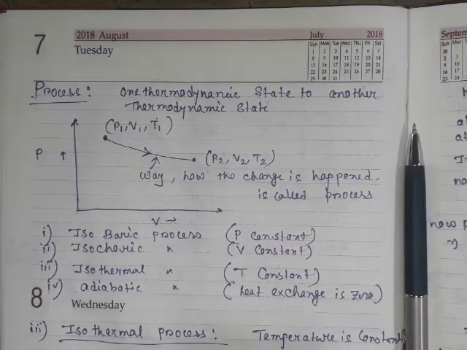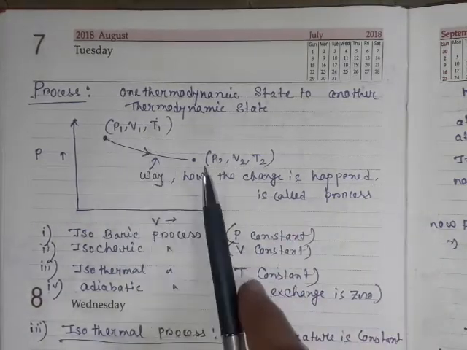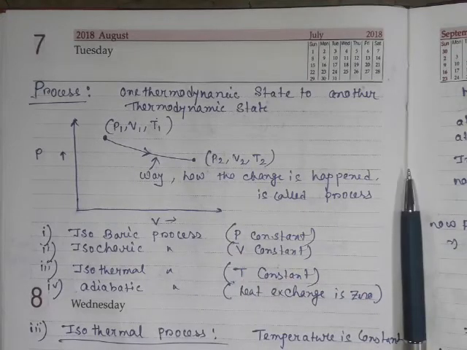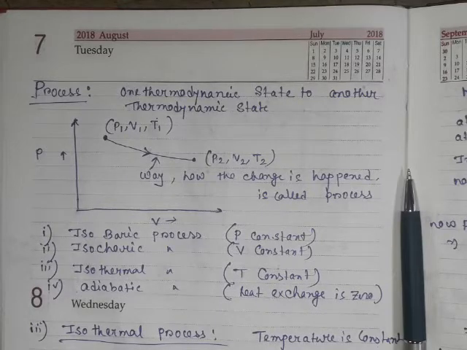Okay, so how this change happens to the system is known as a process. That means process is the way a system travels from one equilibrium state to another equilibrium state. So there may be different types of processes. For our case, mainly we will learn about isothermal process, adiabatic process, isobaric process, isochoric process.